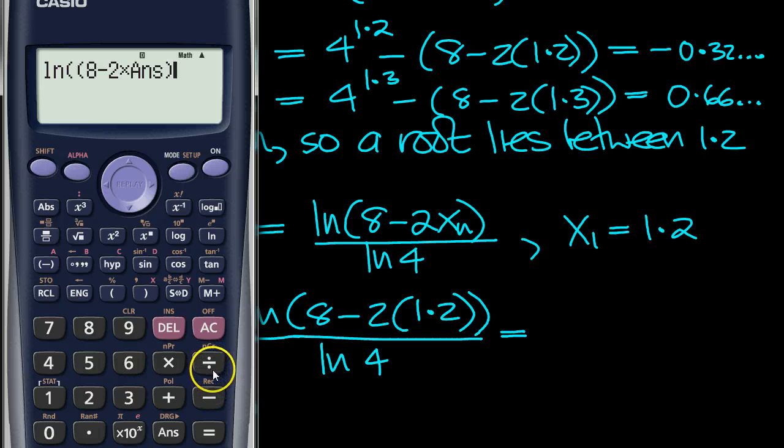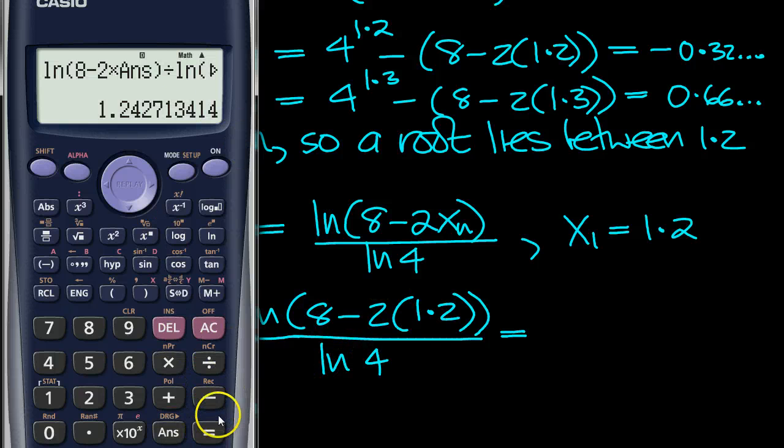divided by ln of 4, close the bracket. I don't need two brackets, I put a bracket and it was already there. So it's 8 minus 2 times answer divided by ln of 4. The answer was 1.2 we put in the calculator to start with.